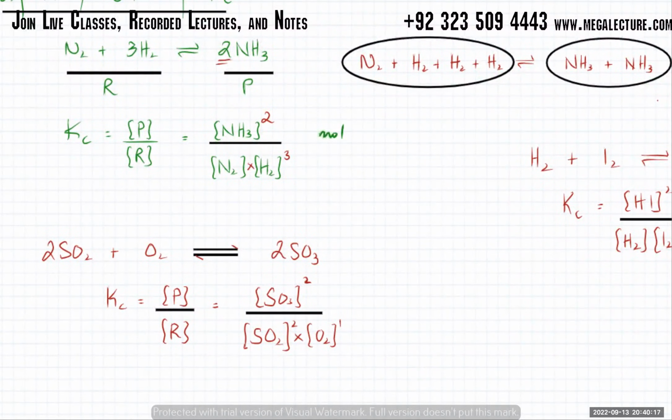It's mole per dm cube, right? So it's going to be mole per dm cube, and that's going to be squared. And then on the bottom, it's going to be N2 concentration, that's mole per dm cube, multiplied by mole per dm cube, and that's cubed.